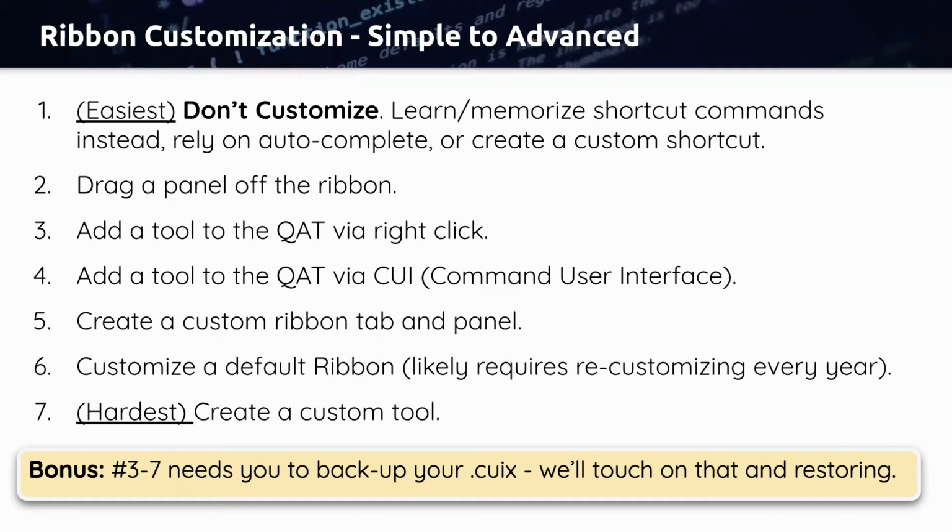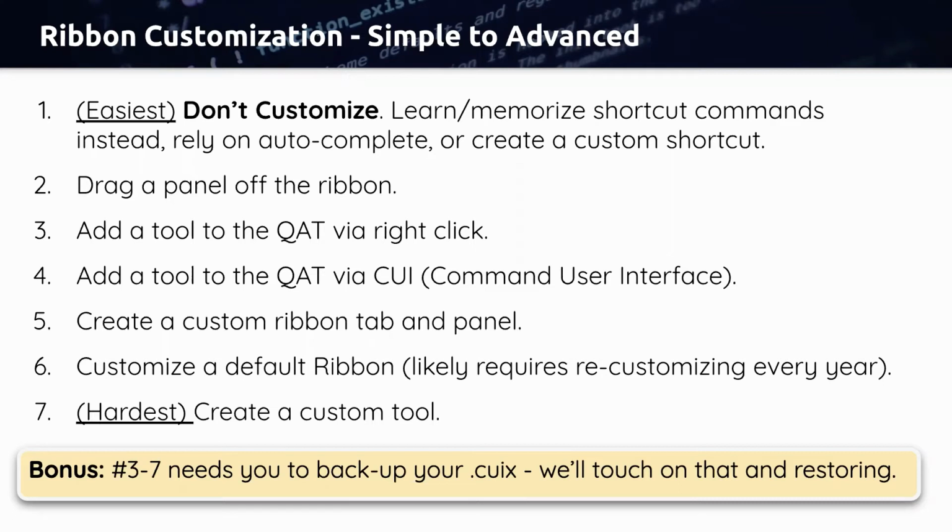For pan and zoom, that happens to be the mouse wheel, but also for almost anything in the home ribbon, a lot of those commands, the user should be knowing that PL is polyline, M is move, or X is explode. Memorizing those shortcut commands is really key, and it's always going to be faster than any button you can put anywhere. Small button or large button on the ribbon, doesn't matter.